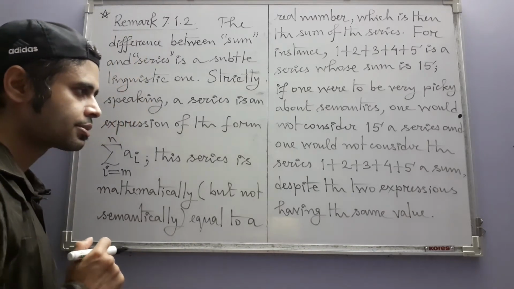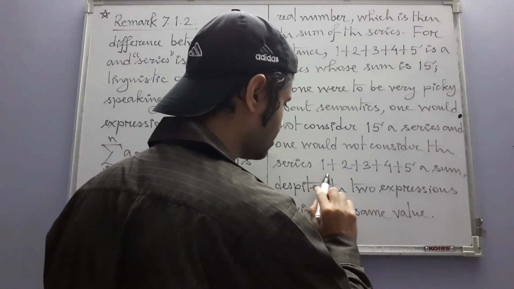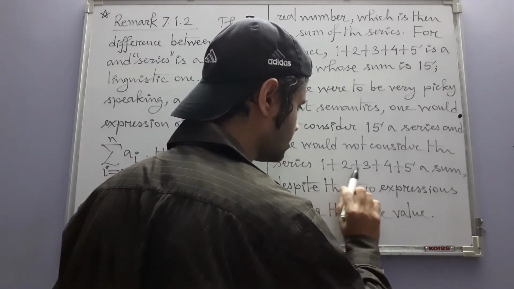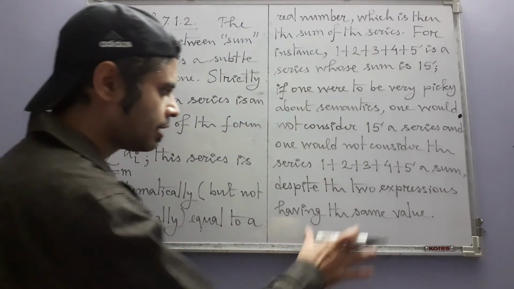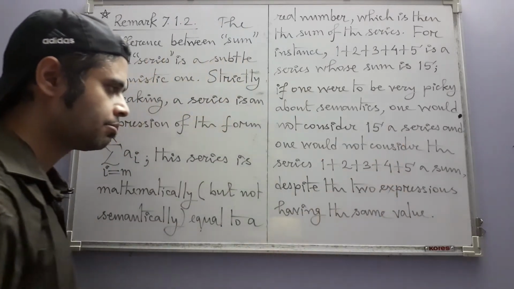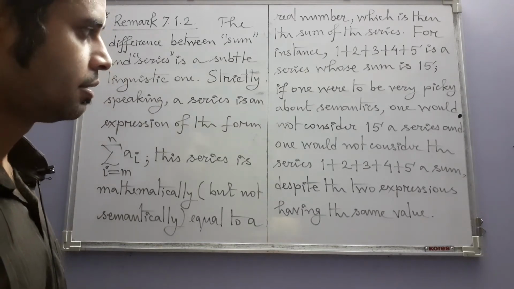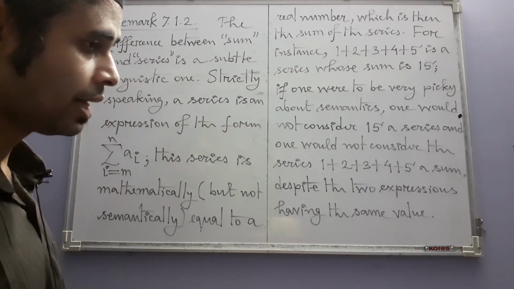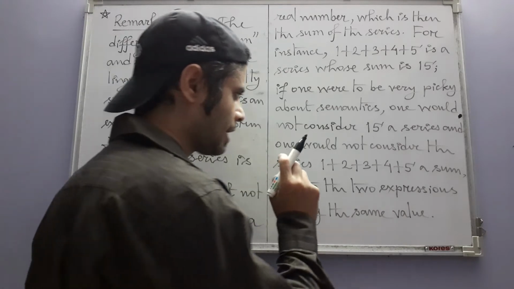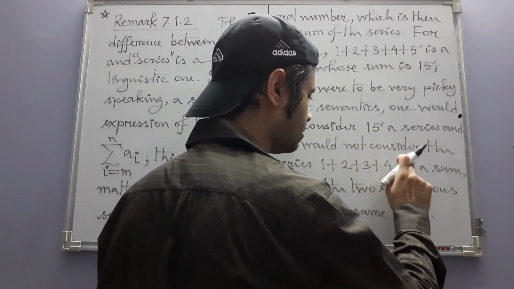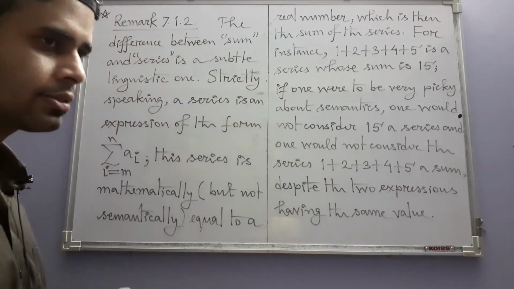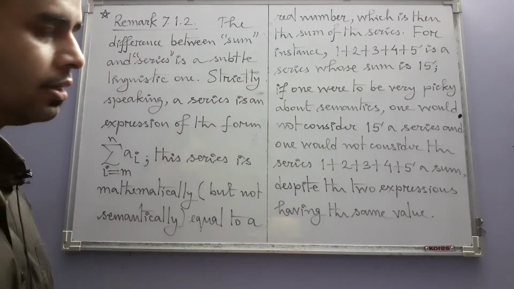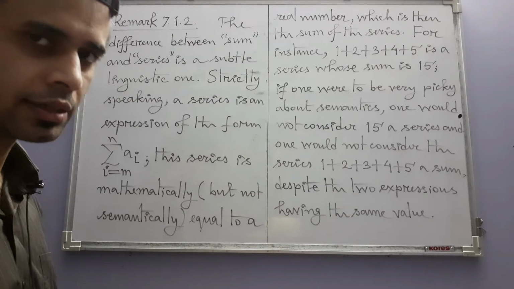So if you just simply think of this as an arrangement of these symbols and the plus symbol, then these two things are different because they look different. But once we assign this real number as a sum to this series, then in that sense they become mathematically equal, but semantically they are different.